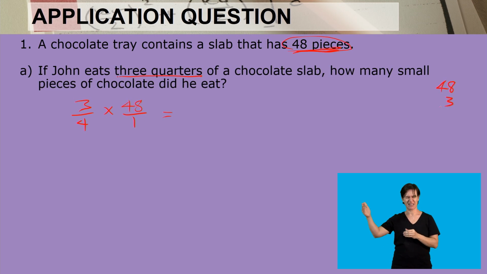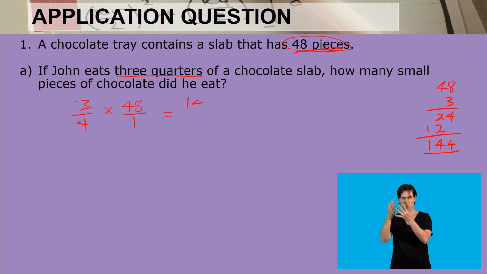48 multiplied by 3. So 8 multiplied by 3 is 24. 4 multiplied by 3 is 12. And then we add, it would be 4, 4, 1. So it's 144. So we have 144 divided by 4 times 1, which is 4. Let's divide 144 by 4.